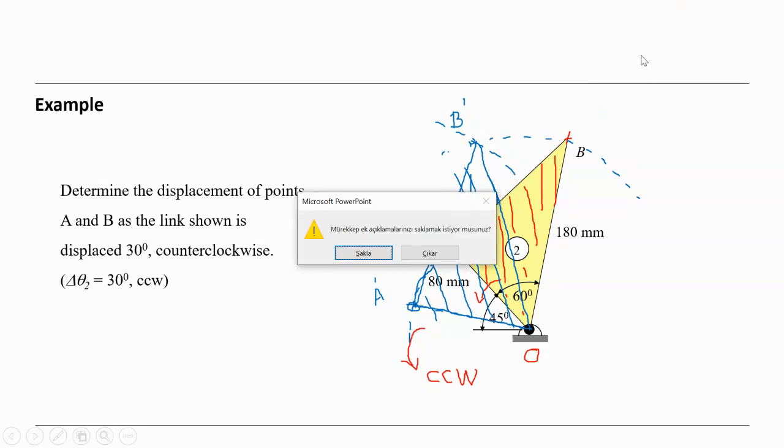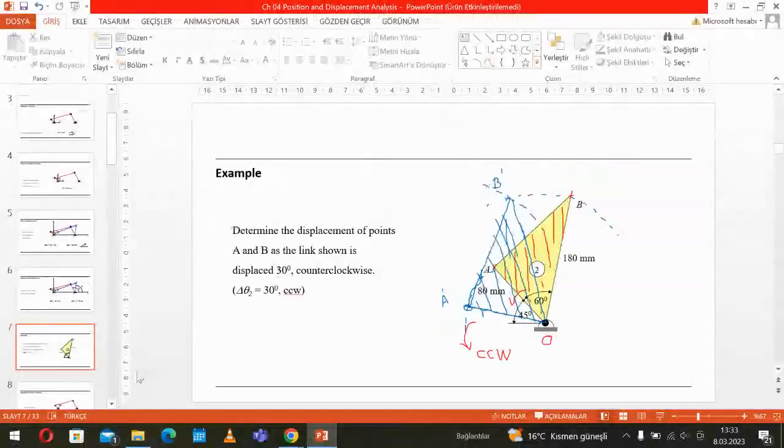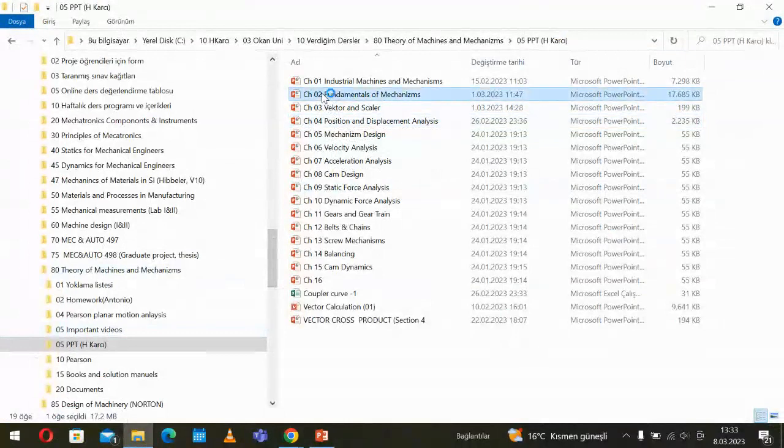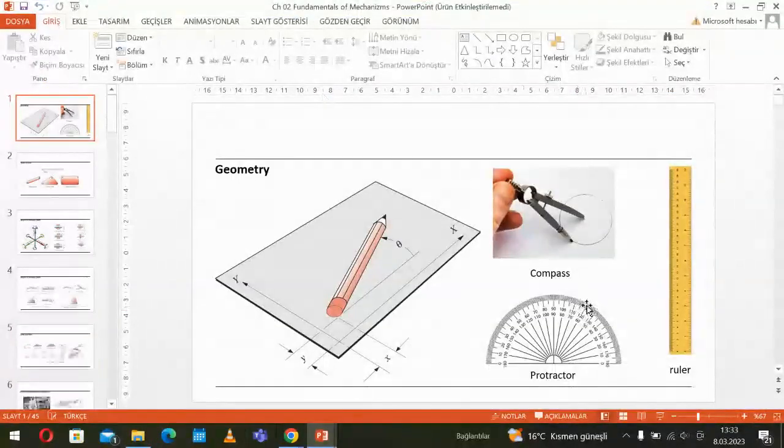You may remember, in the fundamentals we already mentioned that we will deal with geometry, and we have a protractor, a compass and a ruler, and we will use that. What we are doing now, you should also do. Compass, protractor, ruler, you have to use.